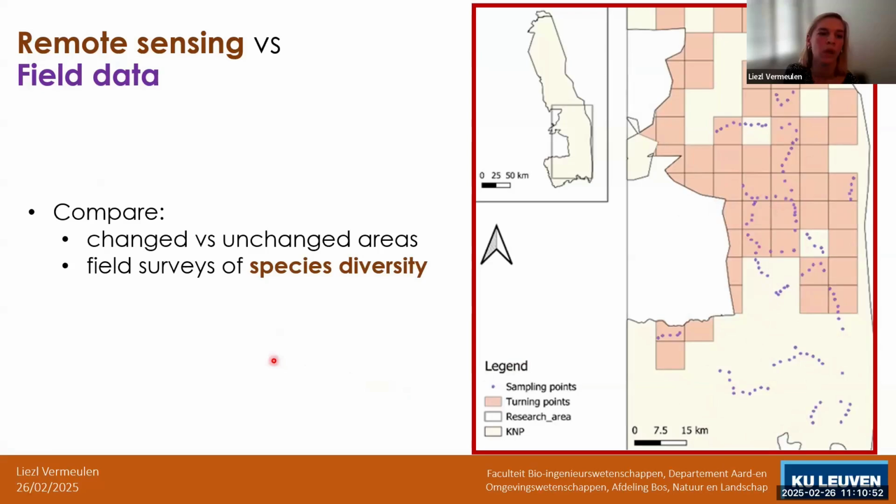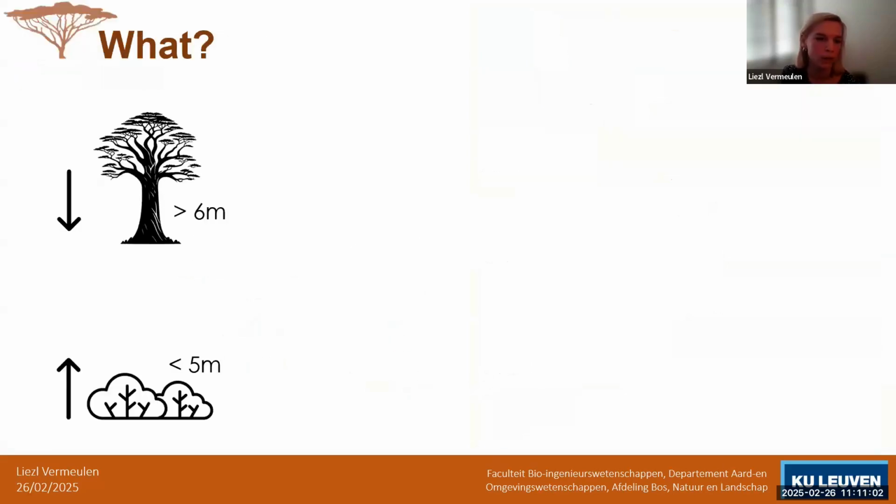And then we compared them in terms of species diversity to see how are these shifts actually affecting the local ecology. And what we found was that in these changed areas, there was a loss of large trees, so trees that are larger than 6 meters, but at the same time, they have experienced an increase in shrubby vegetation.